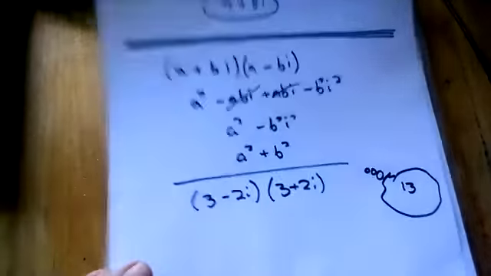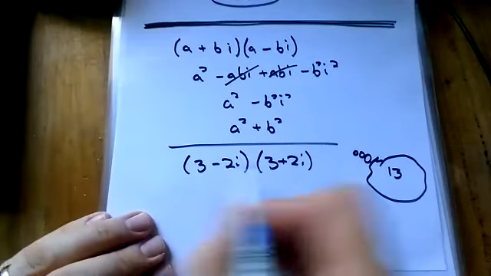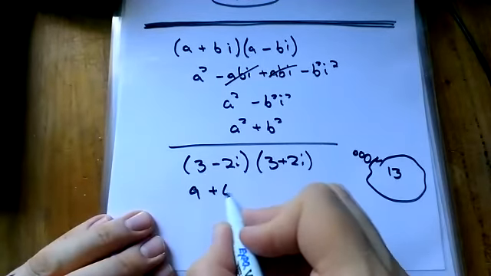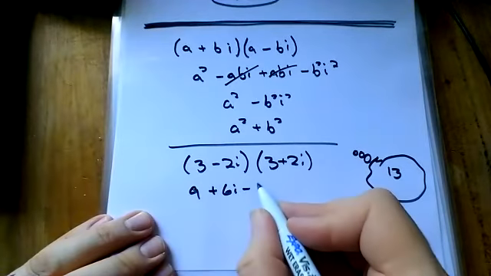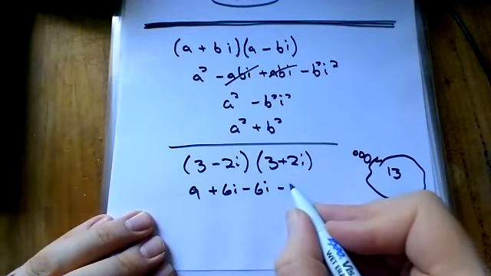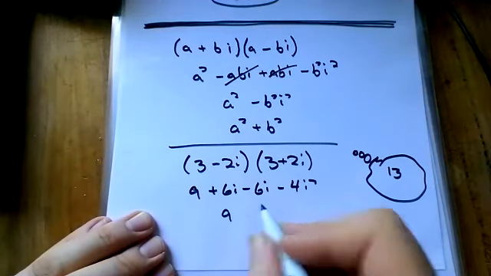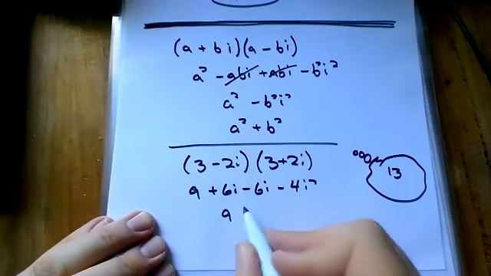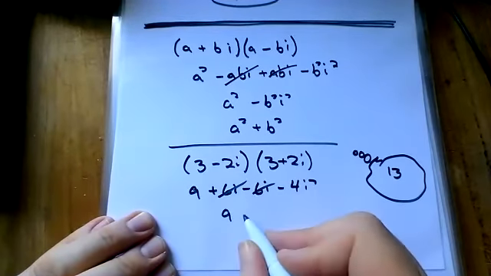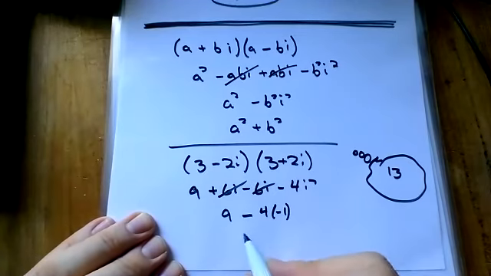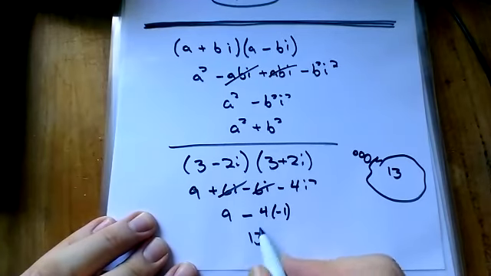So let's show you. That's 3 times 3 is 9. That's going to be plus 6i minus 6i, and then minus 4i squared. Sure enough, we've got 9. Those cancel out. That's going to be minus 4 times negative 1. And, yep, that comes out to be 13.